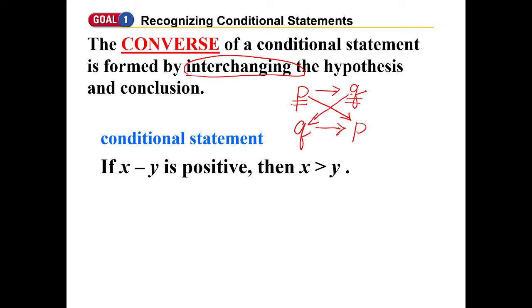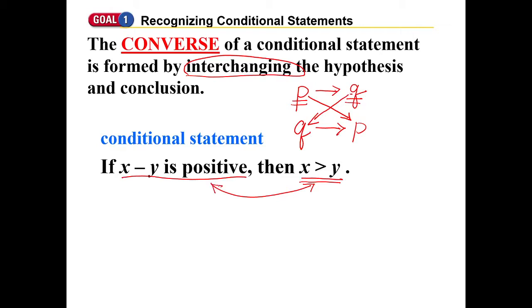Let's have this example. If x minus y is positive, then x is greater than y. What is the converse of this statement? What is the hypothesis here? The hypothesis is x minus y is positive. What is the conclusion? x is greater than y. To make the converse, you interchange the two.